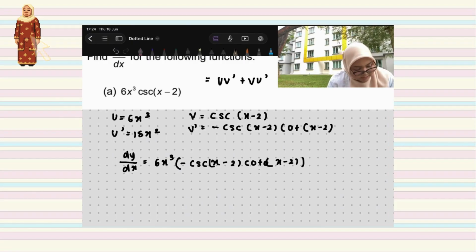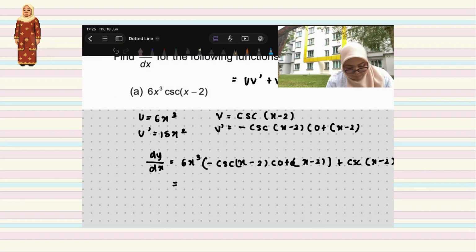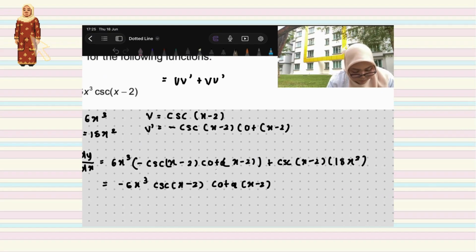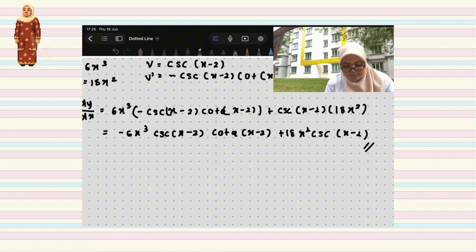Don't forget the bracket, plus cosecant x minus 2 multiplied by 18x squared. The final answer will be negative 6x cubed cosecant x minus 2 cotangent x minus 2 plus 18x squared cosecant x minus 2. And this is the final answer.